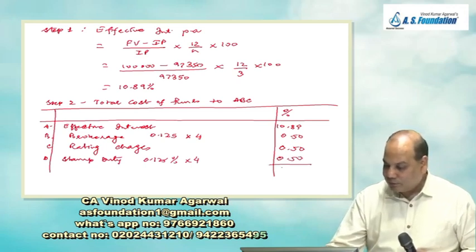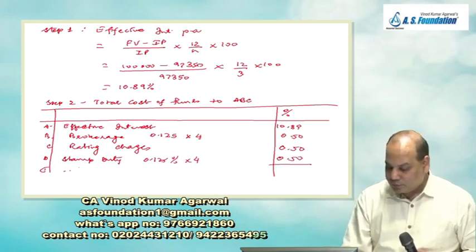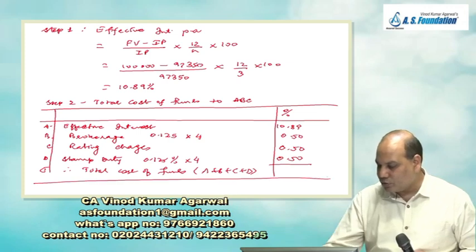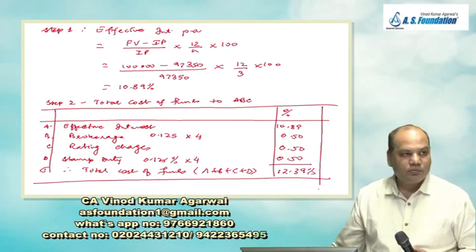So multiply by 4. Therefore, total cost of funds is A plus B plus C plus D. Close it. Answer 11 point? Okay, 12.39%. Is the answer right?